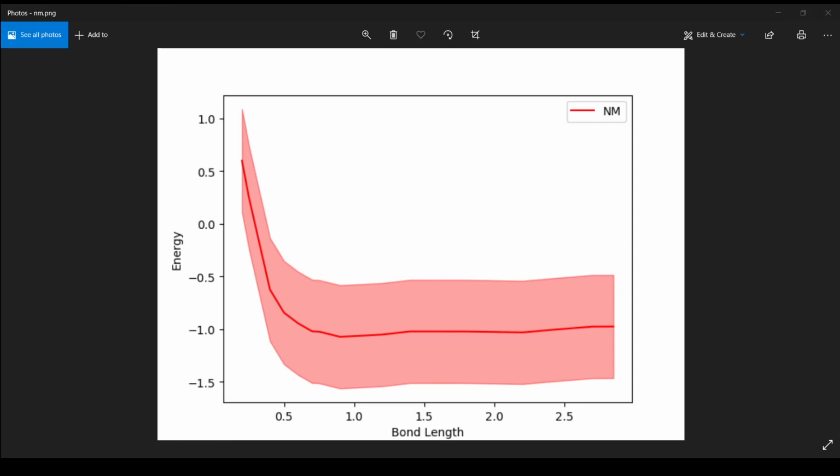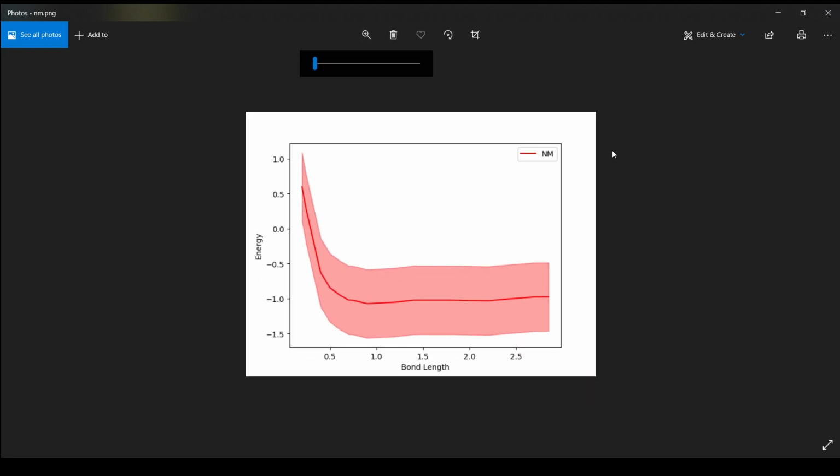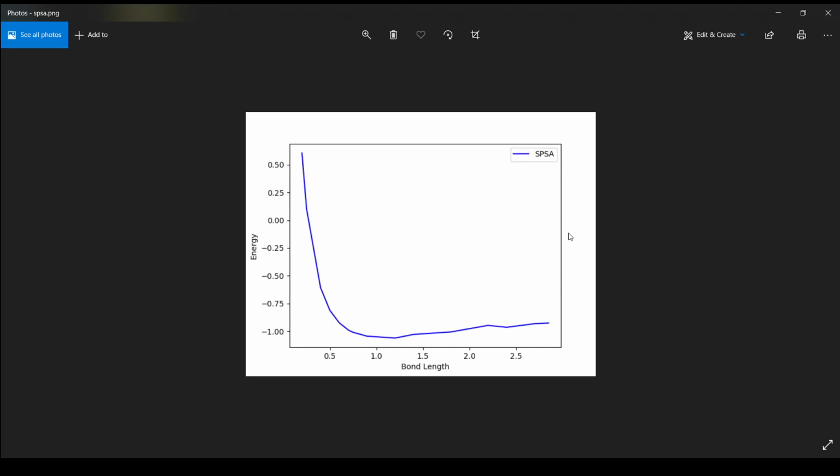So we can see this is the same graph I showed yesterday. Here's the Nelder-Mead optimization, and that shaded area is one standard deviation. There we go. So this is the SPSA. You can see the way it works, it's very confident. Here's the Rotosolve.